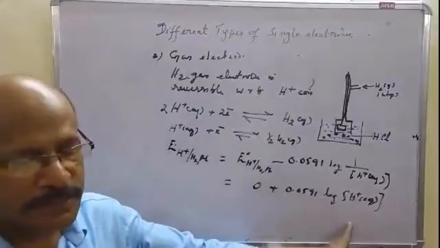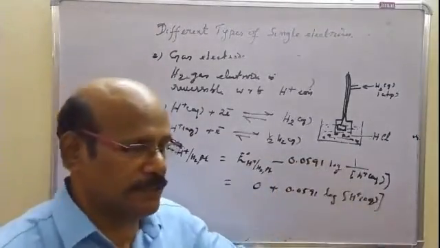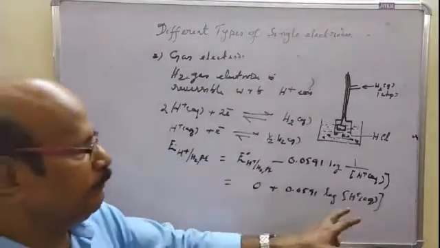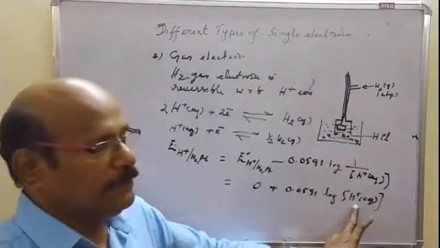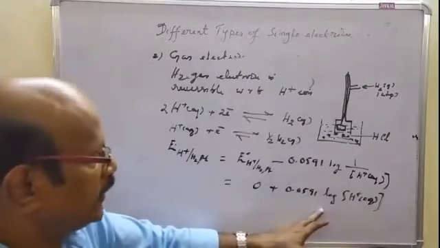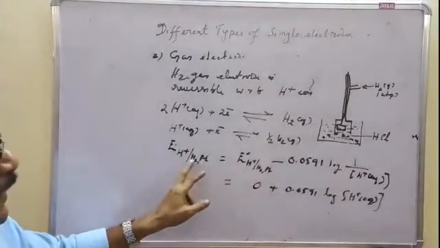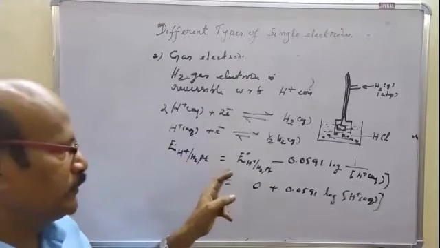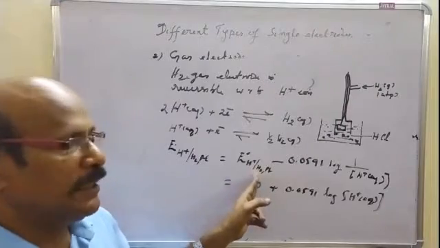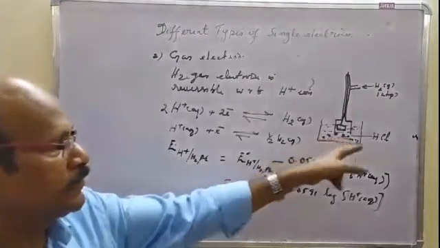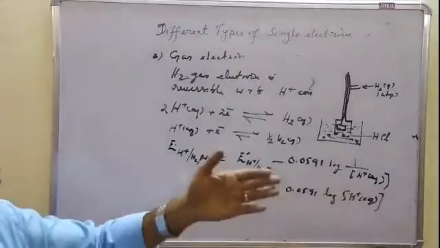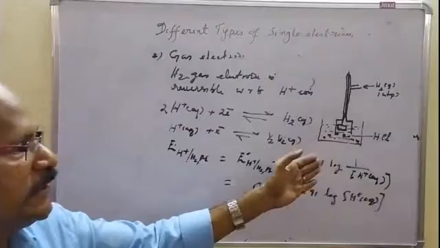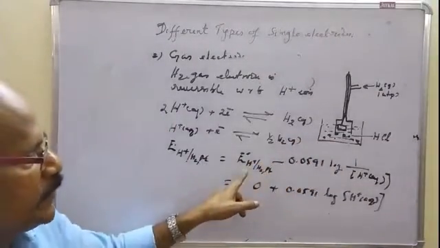So depending on the concentration of H plus ion, or depending on the pH of the solution, or depending on the concentration of H plus ion present in the acid solution, it develops a potential. The electrode develops a single electrode potential, and the single electrode potential of the standard hydrogen electrode is 0, because for 1 molar HCl solution, with hydrogen gas bubbled through at 1 atmosphere pressure at 298 Kelvin, its potential is 0.